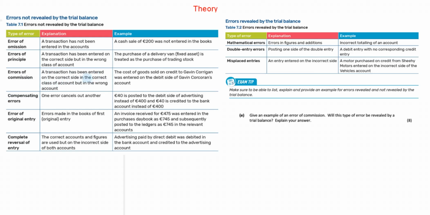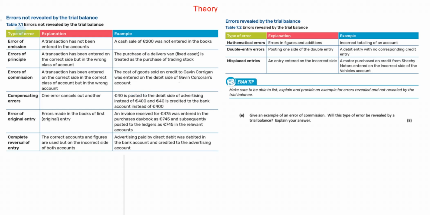So this is generally something like debtors or creditors, where you entered €200 in debtors correctly, but instead of sending it to James, you send it to Jamie's account, that kind of thing. So you can see that the cost of goods sold to credit to Gavin Corrigan was entered on the debit side of Gavin Corcoran's account.